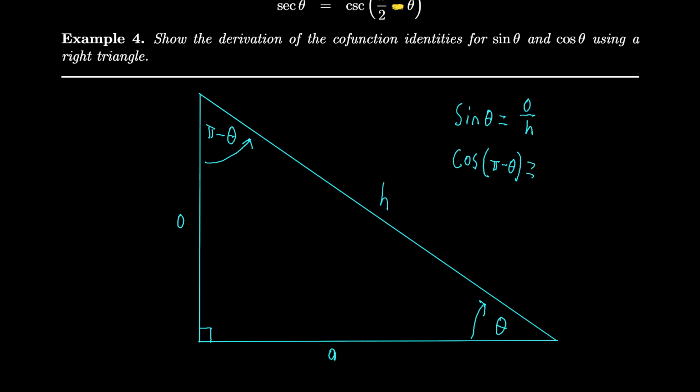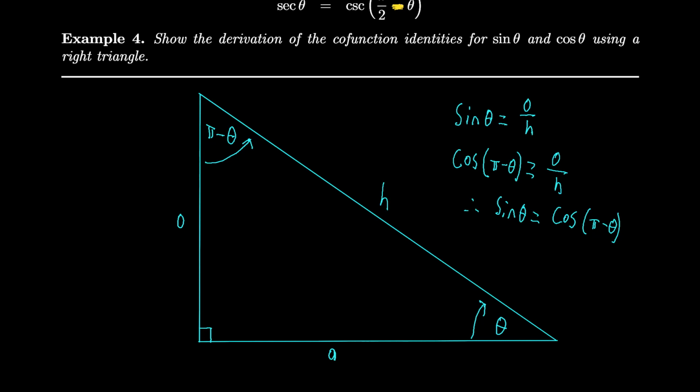It's the side adjacent to this angle, which is the side we call O, over the hypotenuse. So notice how these are the same thing. Therefore, we can say that sine of theta equals the cosine of pi over 2 minus theta.